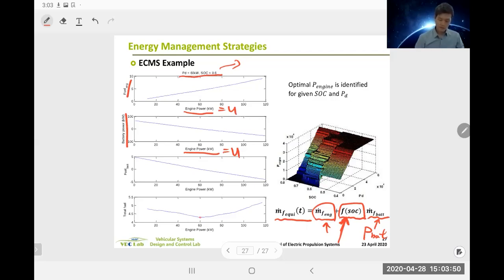So if you take a look, with increasing engine power, fuel consumption increases, obviously. Right? With increasing engine power, battery power decreases, obviously, right? Because you're using more engine power, and if you use high engine power, you actually have negative battery power, meaning recharging the battery, okay?